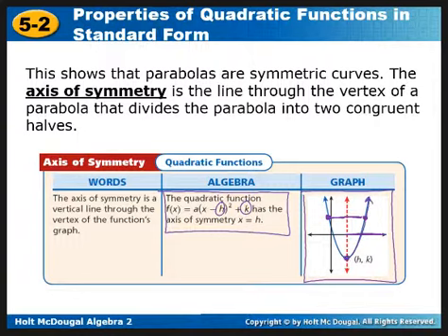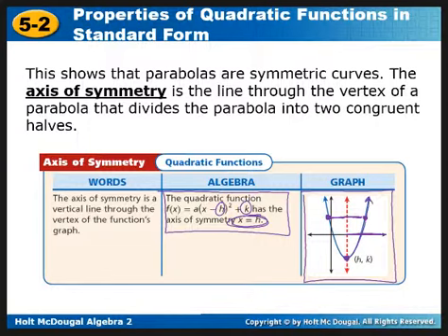Well, we take that one step further and say, if we know what our vertex is, x equals h represents the vertical line that would split our graph in half. And remember, x equals something is a vertical line. We talked about this back in the first unit. And y equals something is a horizontal line.